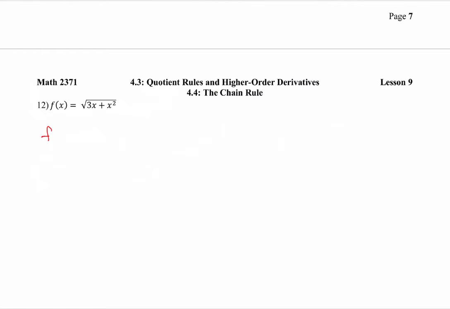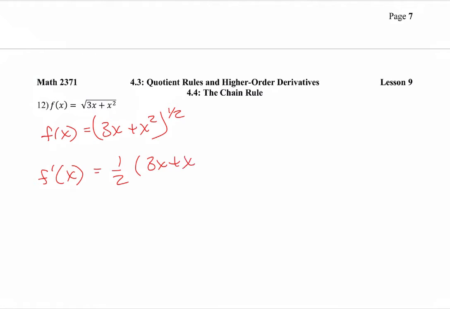So f of x equals 3x plus x squared to the 1/2. So f prime of x equals 1/2 times 3x plus x squared to the negative 1/2 times 3 plus 2x.